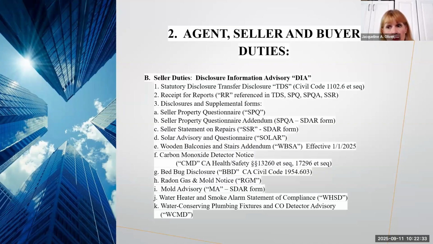Now, if they've received other reports, like reports having to do with construction of some part of the property, or having to do with a citation that the city may have given them the year before, and it's something they need to disclose, you check the box on the TDS where it says other reports, and then you use the receipt for reports to add any other reports that you've received.